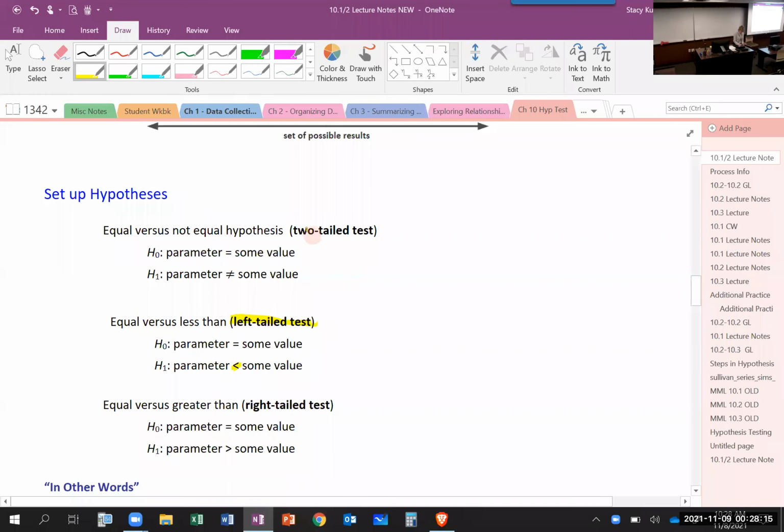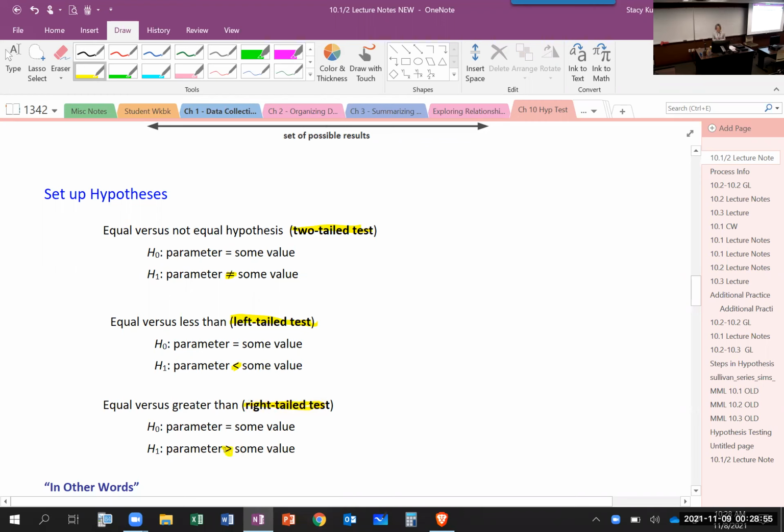Now in the middle, we have a two-tailed test. The alternative on a two-tailed test is simply not equal. No change, not equal, something different, something other than. That would be considered a two-tailed test. And for our right-tailed test, notice the inequality on our parameter is now facing the right.